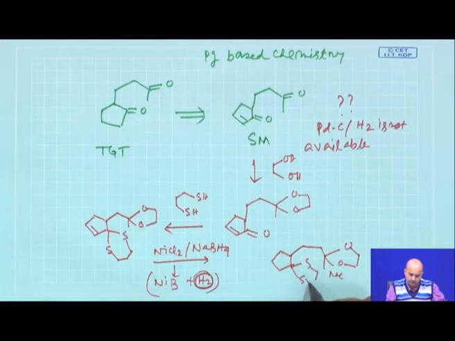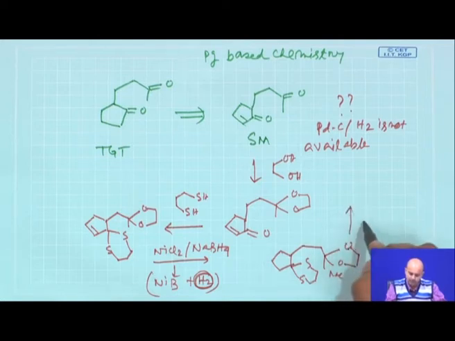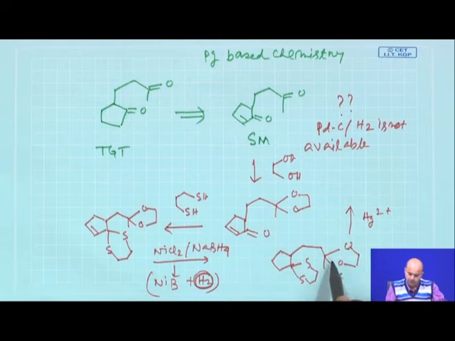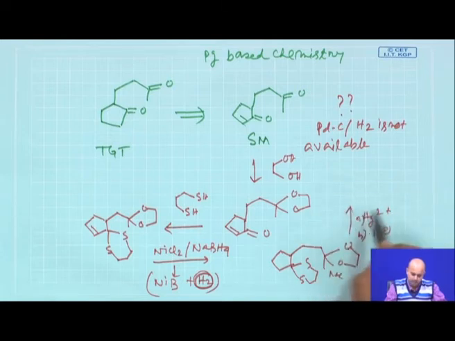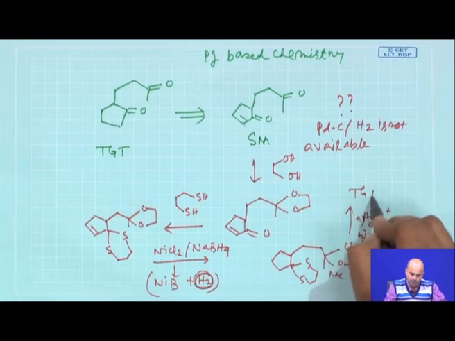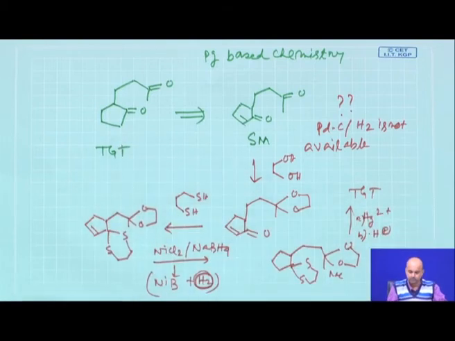Next, you remove the cyclic ketal as well as the cyclic 1,3-dithiane. You first treat with mercury, which will remove the dithiane, and then you remove the cyclic ketal by acid treatment to get the target molecule which was shown here.